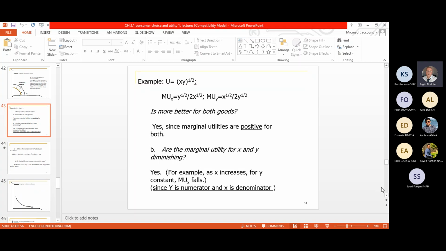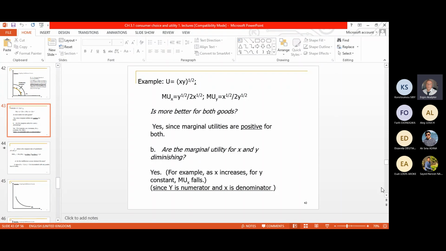You have to know derivation, because in micro, we are using derivations. As I said to you, the slope is also a derivation, because you are taking two different points to get the slope. The utility function also requires derivations, because you have to use derivation to get the marginal utility.